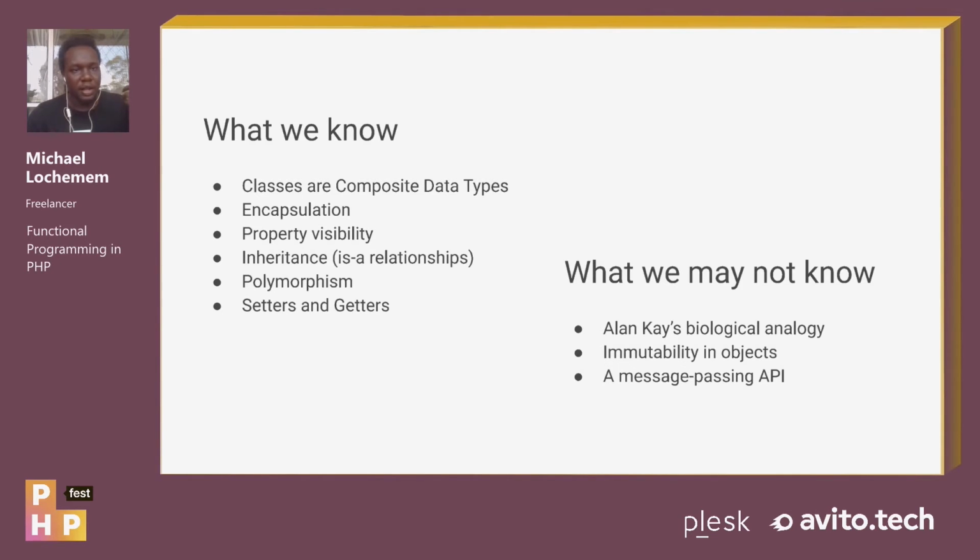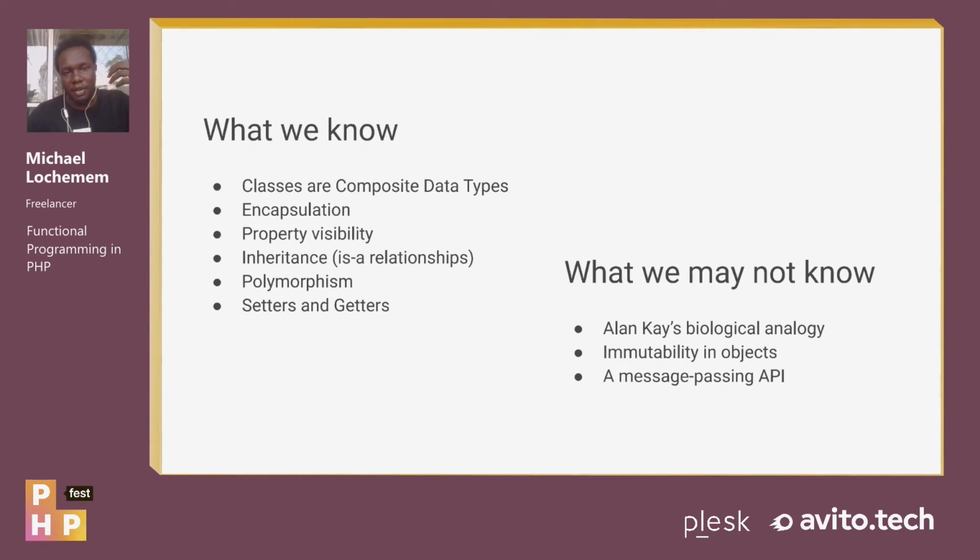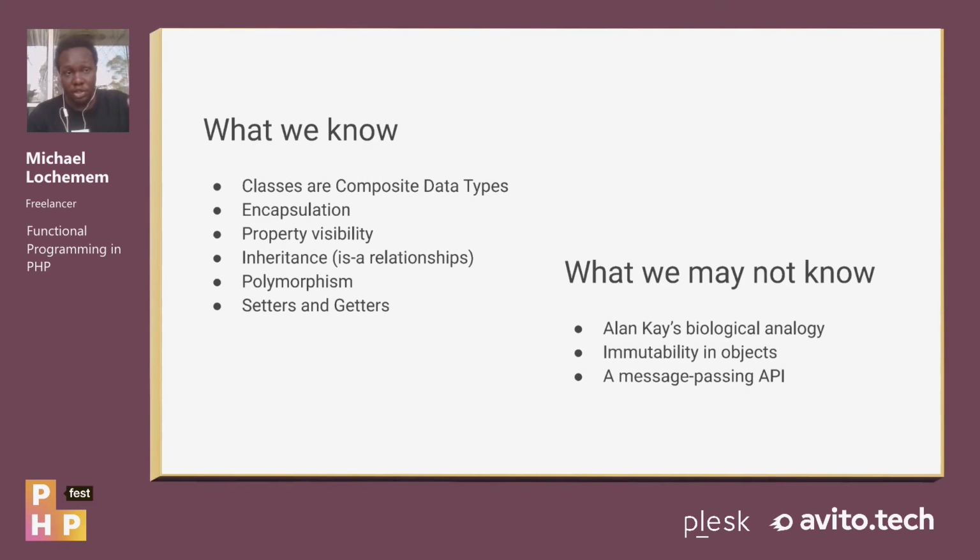Property visibility, inheritance, creation of is-a relationships. Though functional programming doesn't really emphasize the creation of is-a relationships, inheritance. It's still valid, but anyway. And then polymorphism, setters and getters, all of this stuff is 100% valid. And you can write some nice, clean functional code with this kind of knowledge.